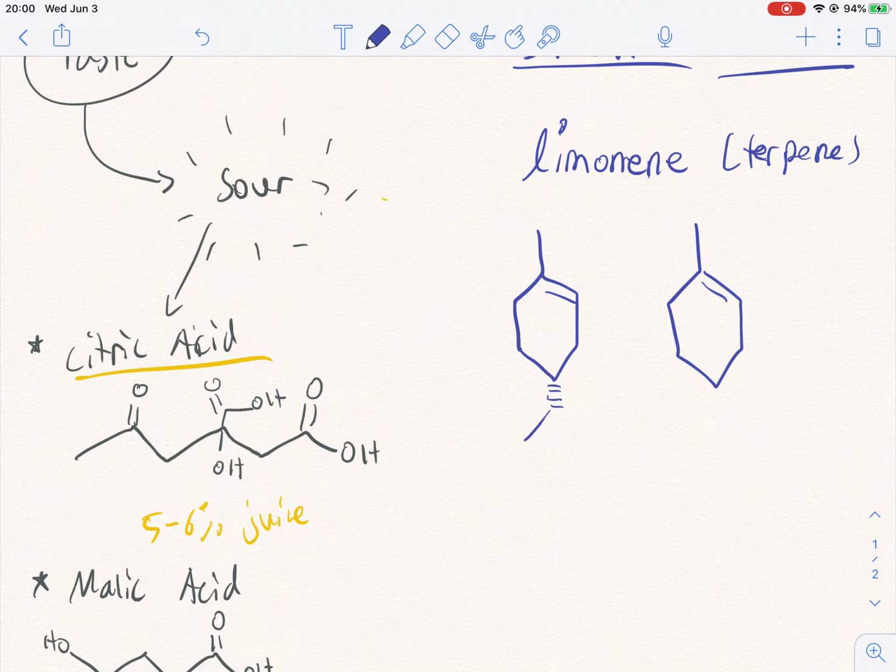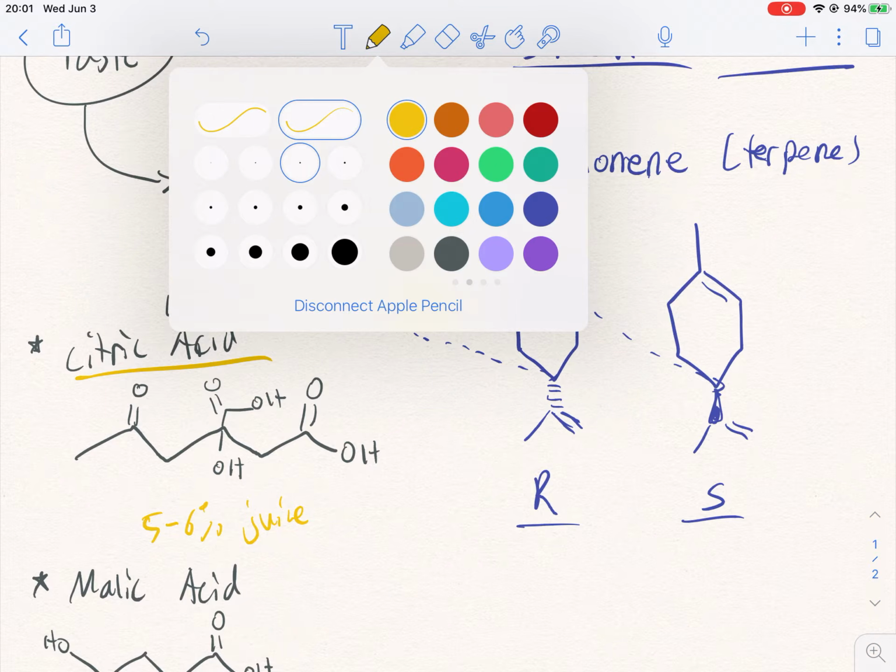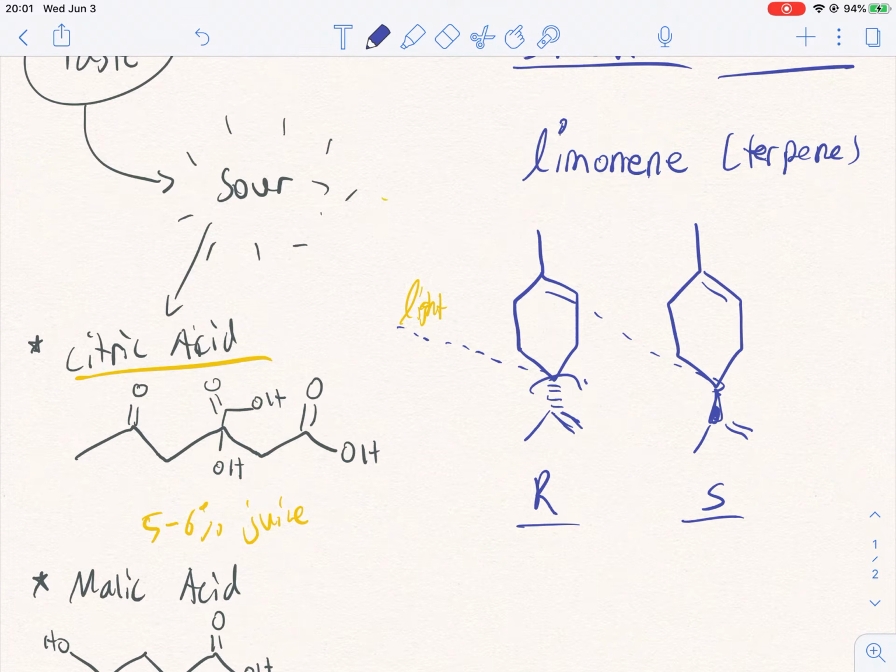For all of my organic chemistry buffs, we have the R and the S isomer. I will make a video on chirality, but basically this R and this S is telling us that when we shine light through this molecule, or photons, plane polarized light, it will turn right.